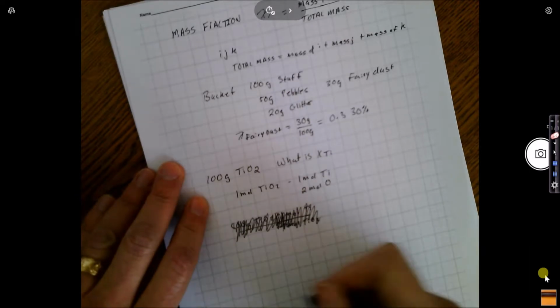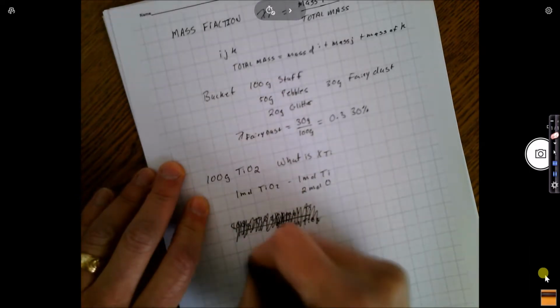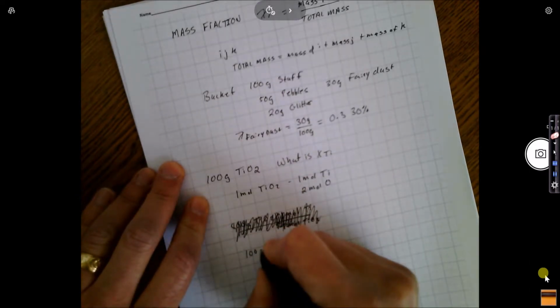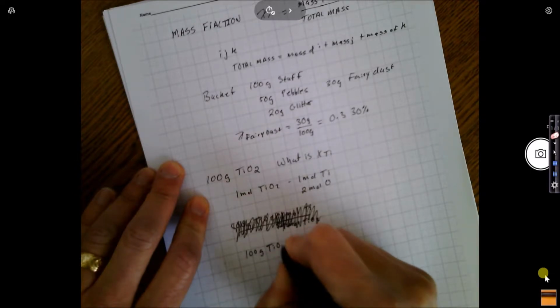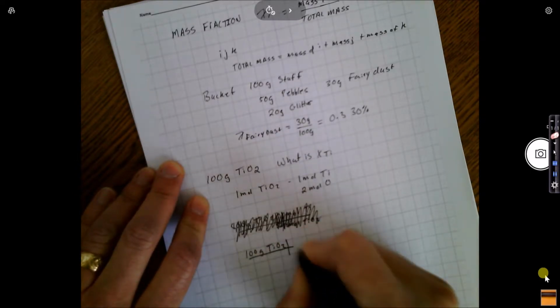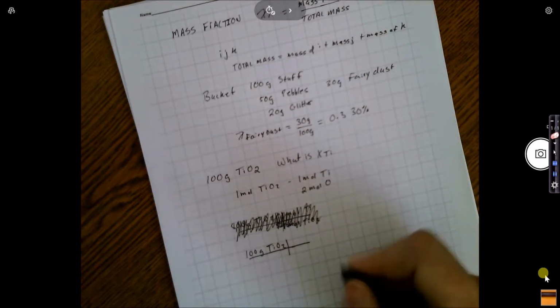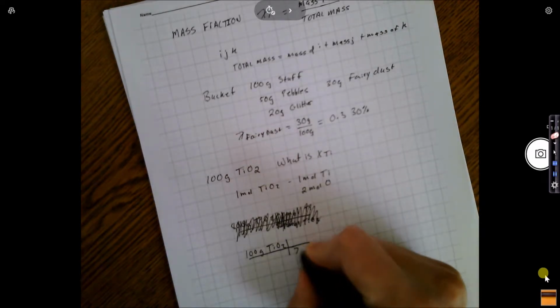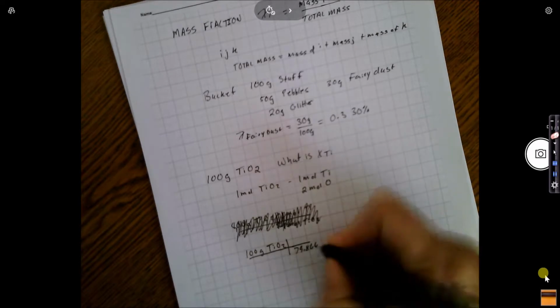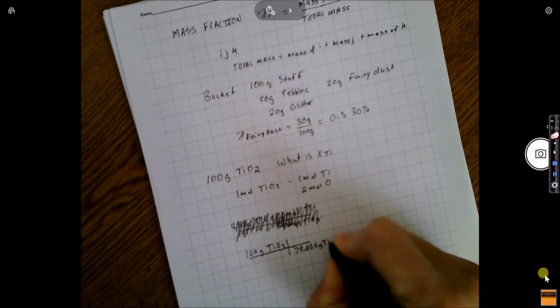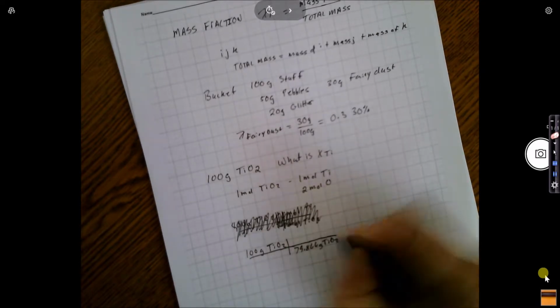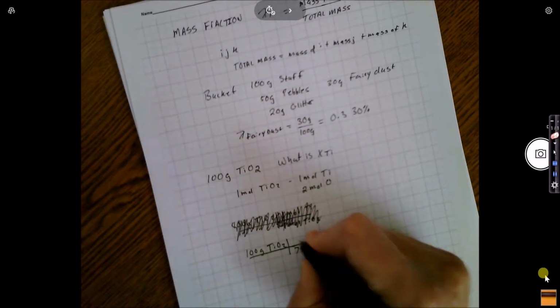All right. We're going to start off with our 100 grams of TiO2. And I apologize for my error. We said earlier in the day that there are 79.866 grams of TiO2 in 1 mole.